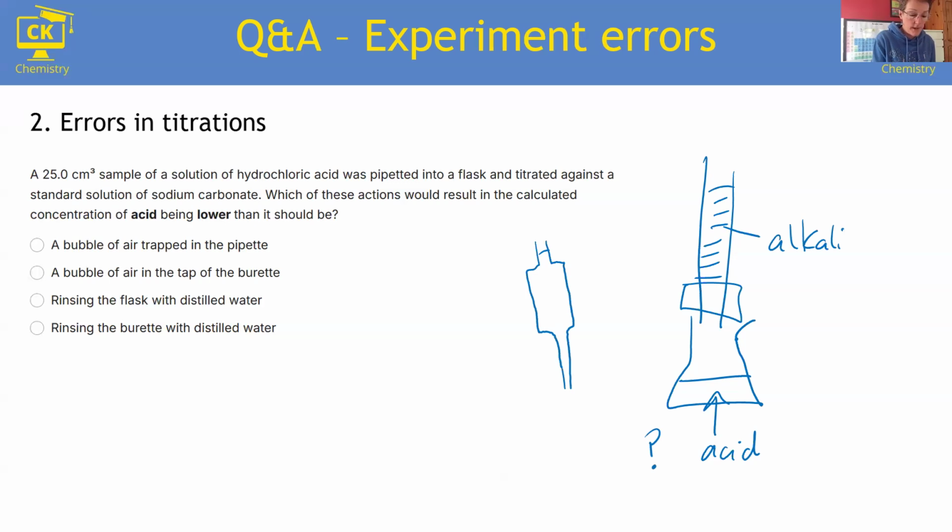So if I was doing this, I would do moles of alkali. The calculation is volume times concentration. Obviously, do all the divide by 1,000, but that's it.